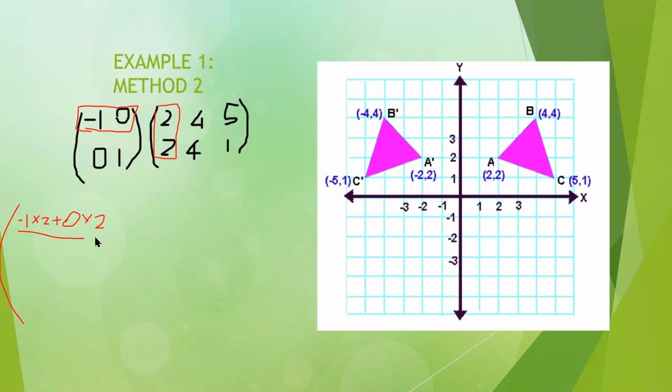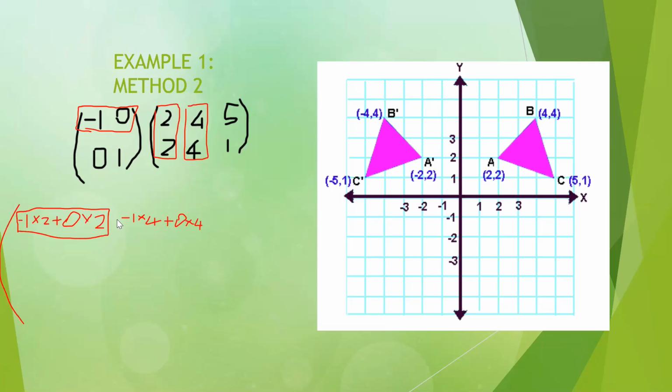Okay, I'm going to box it so that it doesn't confuse me when I do the rest. So then -1 by 4 plus 0 by 4. All right, so I finished with the second column.